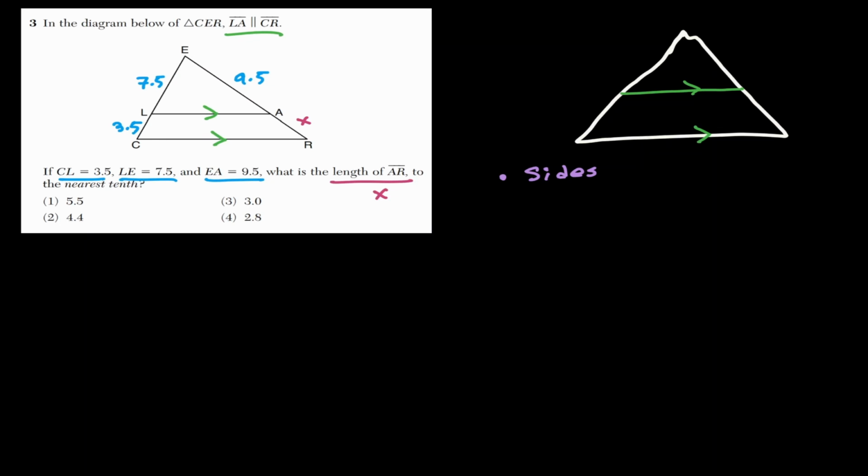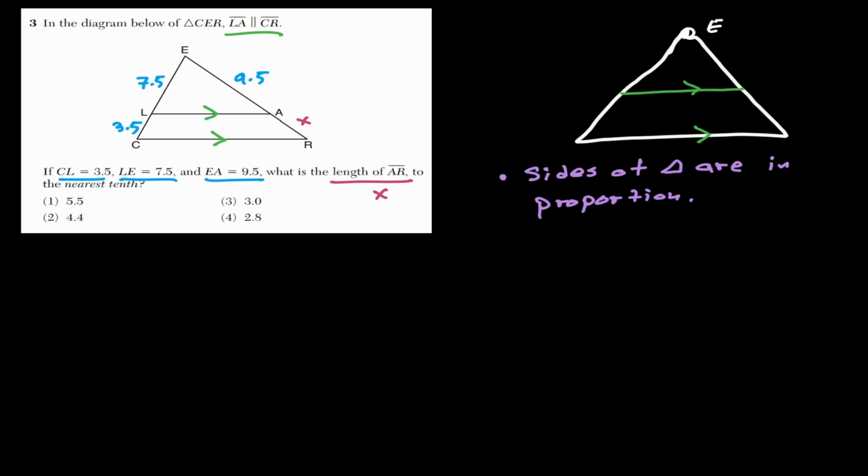Anytime we have the following scenario, where we have a triangle and then we introduce a line that is parallel to the base, the sides of the triangle are going to be in proportion. So let me use the same lettering as we have in our figure.